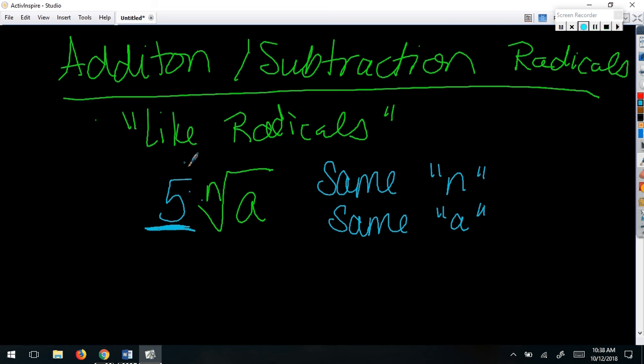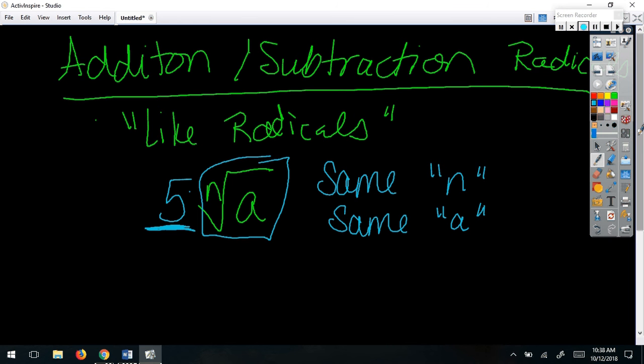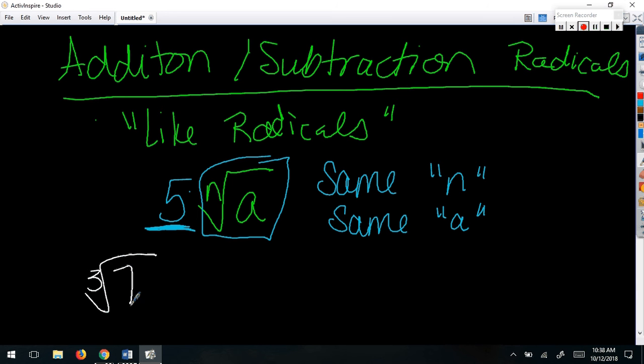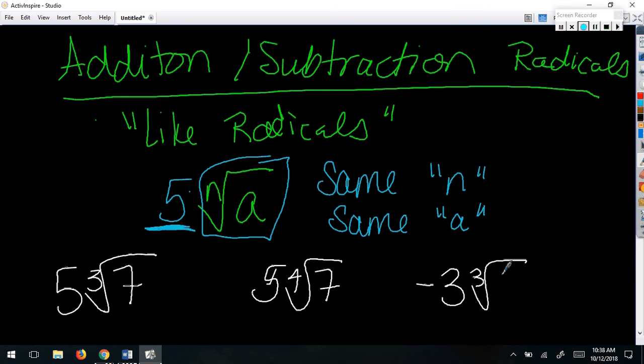Maybe you have 5 times the nth root of a. But the point is that this has to be exactly the same. So for example, if I have 5 times the third root of 7, and I have 5 times the 4th root of 7, and I have -3 times the third root of 7.